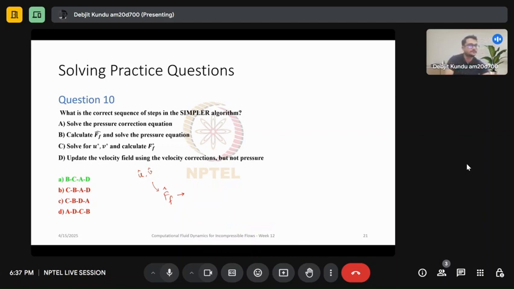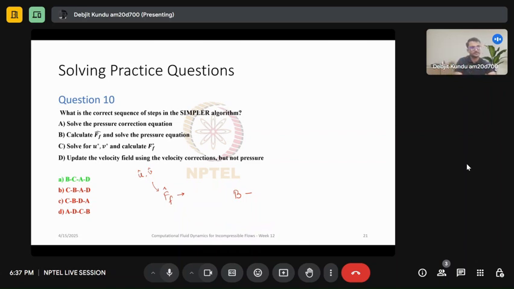So the first step would be option B, to solve the pressure equation, using what we need for it, being u hat, v hat and the convergence measure. After that we get the pressure, which we did not guess.